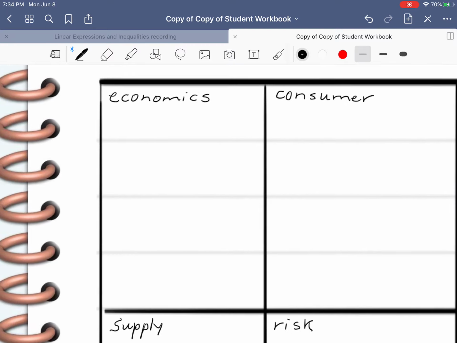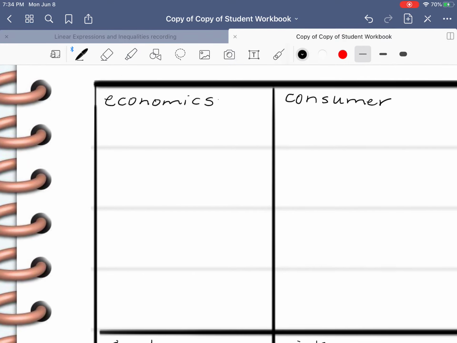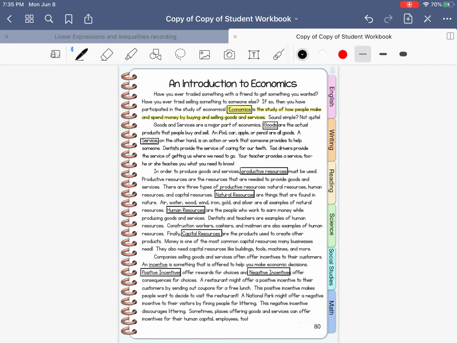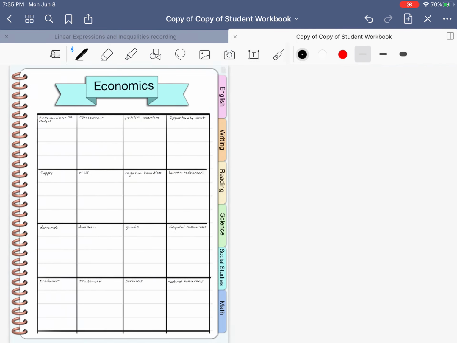So I'm going to try my best to squeeze that in there. Behind your economics door, it's the study of, and I have to look back. I can already tell you this is not going to work. How people make and spend money.